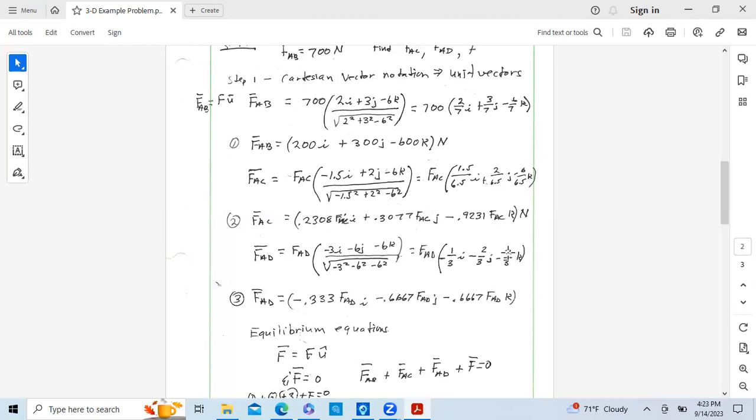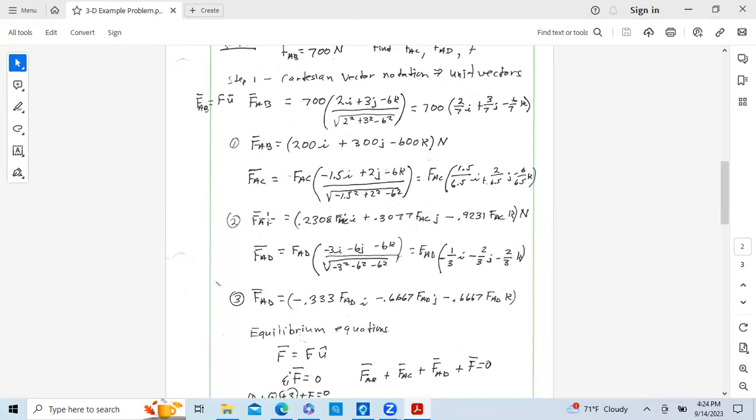Now, if you'll notice, when I write the equation now, multiplying each term by FAD, it's the same thing that we found for FAC. Our unknown is going to appear in the IJK components. So FAD then is going to be, I'm going to multiply this out, 1/3 is 0.333 FAD I, 2/3 is 0.667 FAD J, minus 2/3 is 0.667 FAD K. This is the third equation.